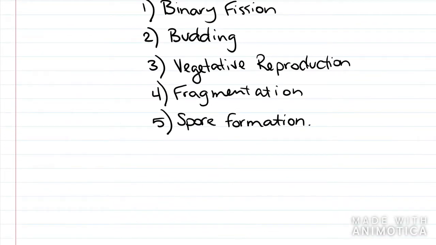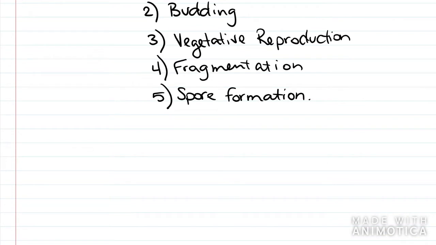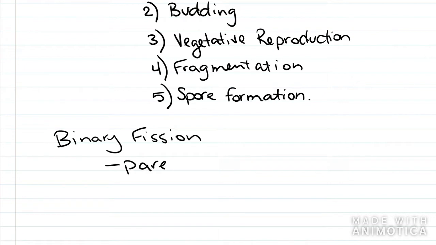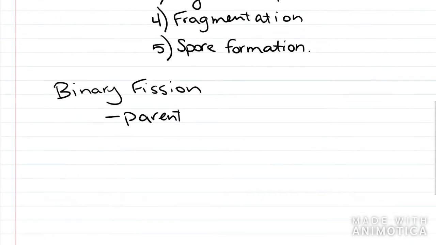So binary fission we usually start with because it is actually the most simple of the techniques. Binary fission is just when the parent undergoes cell division to produce 2 offsprings or 2 cells. This usually happens in single-celled organisms. And like I said, it's the most basic of the methods.